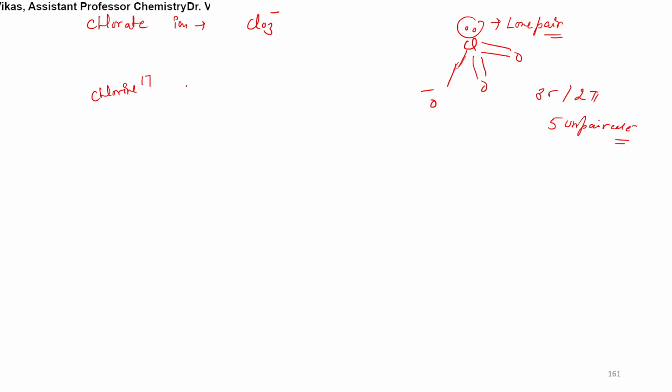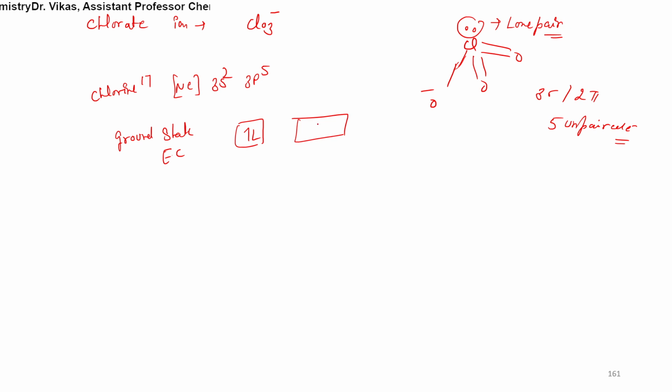Chlorine atomic number 17, neon 3s2, 3p5, ground state electronic configuration: 3s, 3p5, 1 2 3 4 5, and this one is the vacant 3d orbital, and we need 5 unpaired electrons.